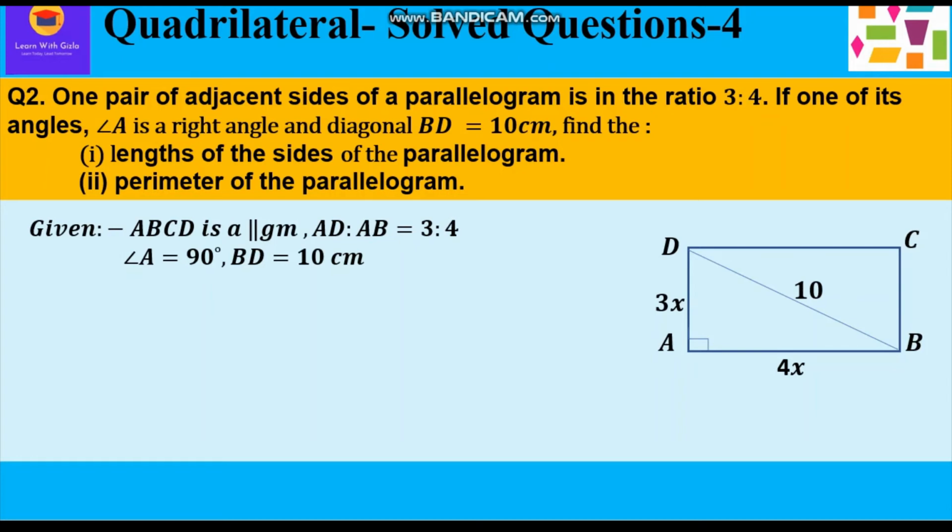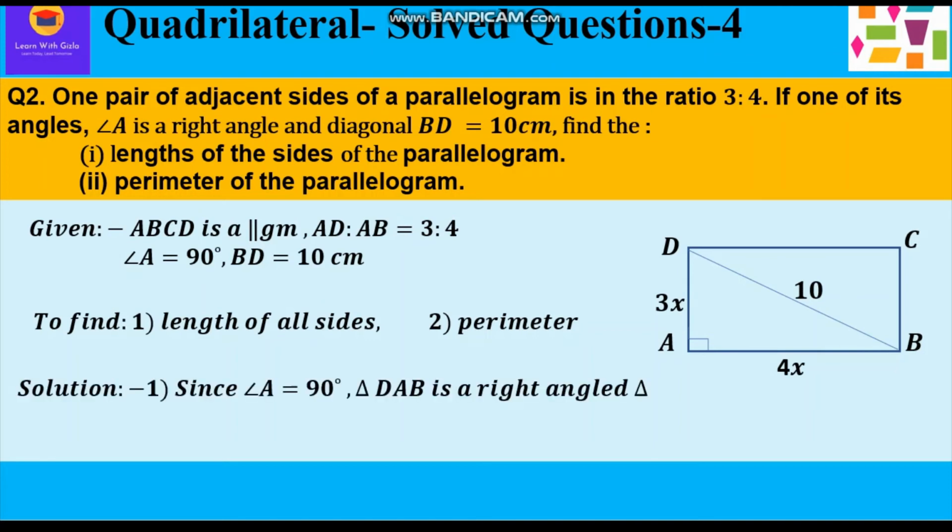And angle A is 90 degree and diagonal BD is 10 centimeter. And we know in a parallelogram, if any one of the angles is a right angle, it is a rectangle. So as you can see in the figure, it is a rectangle shape. So we have to find over here the length of all the sides and also the perimeter of this rectangle.